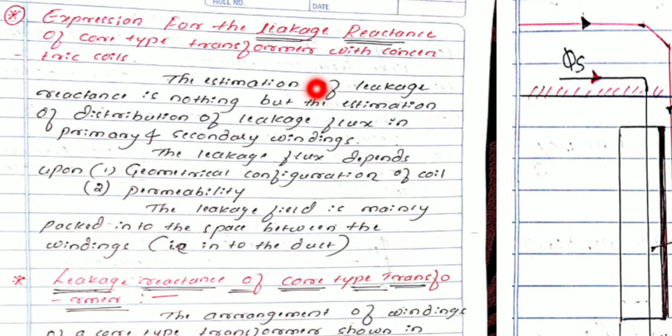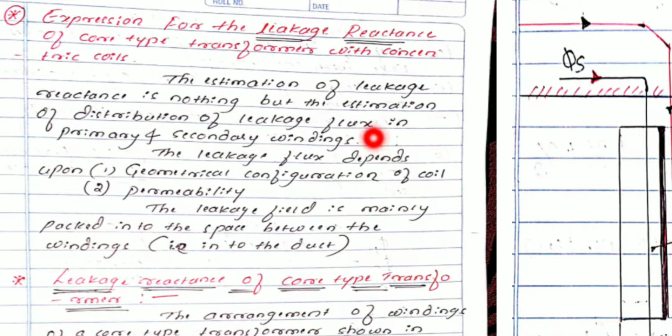That is called the secondary leakage flux, and it contributes to the estimation of the secondary leakage reactance. In order to estimate the total leakage reactance of a core type transformer, we first need to estimate the leakage fluxes in both the primary and secondary windings.